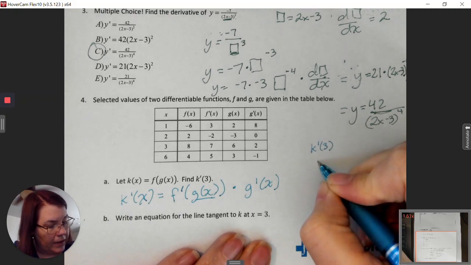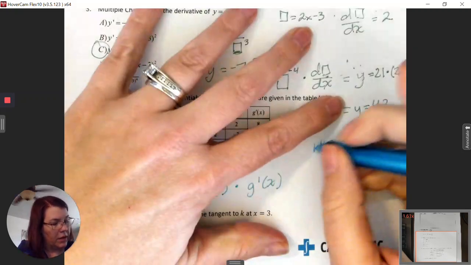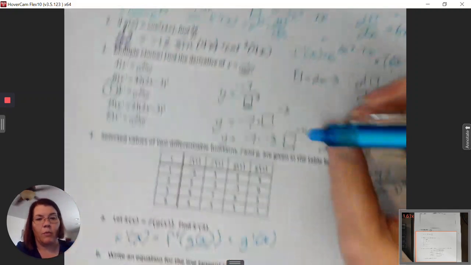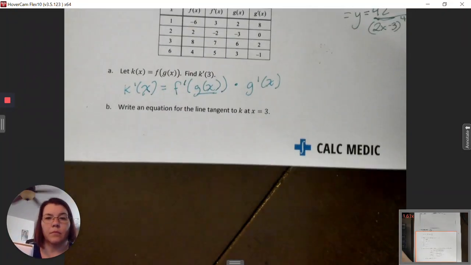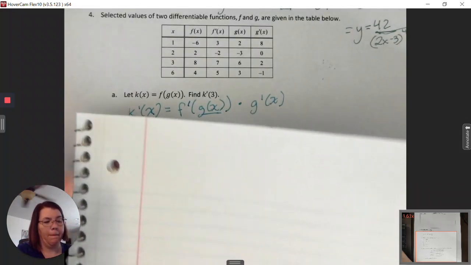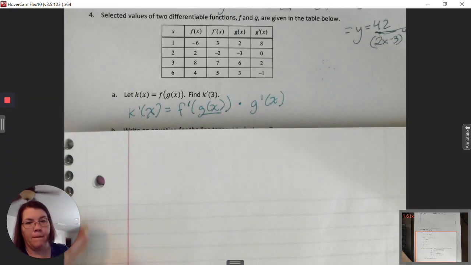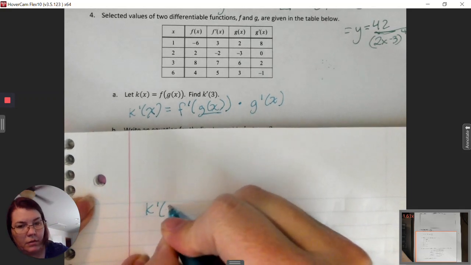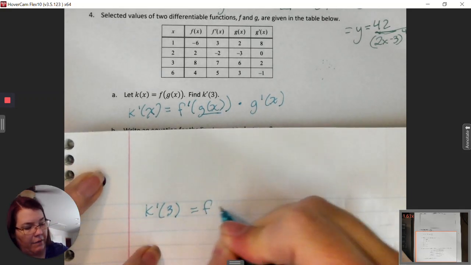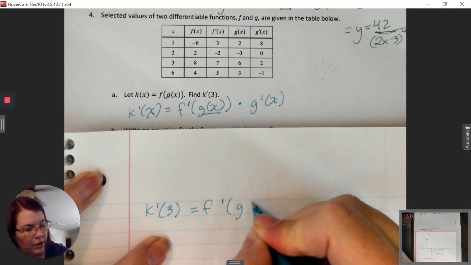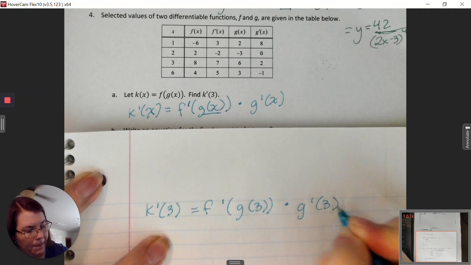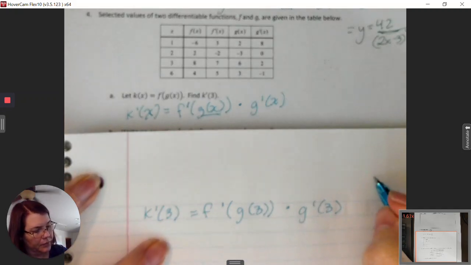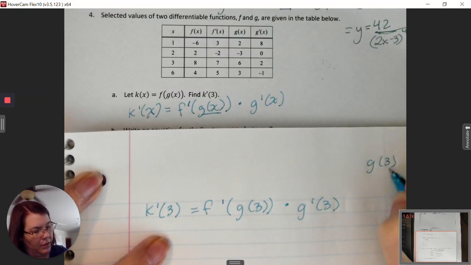In order to do that, let's plug in and see what we need. k prime of 3 is going to equal f prime of g of 3 times g prime of 3. So I need to know g of 3 and g prime of 3.